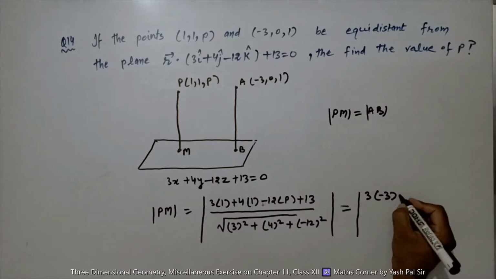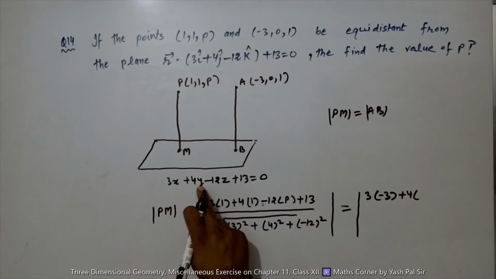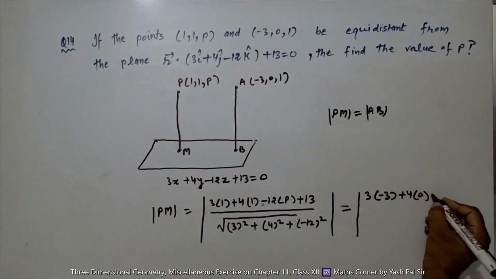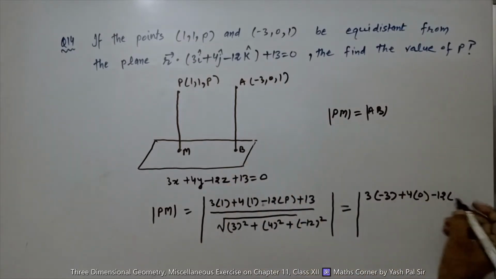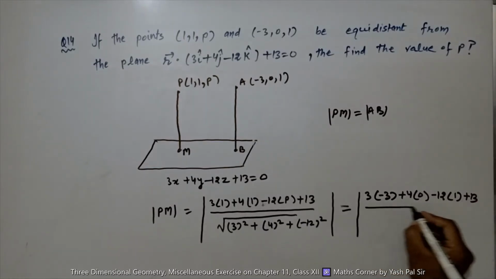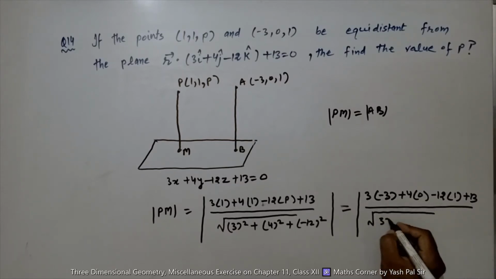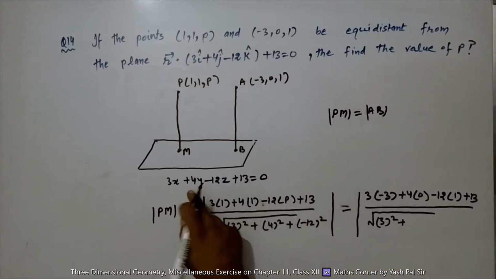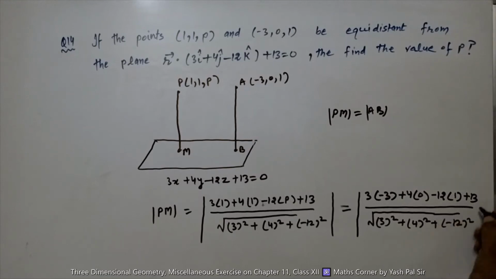This is given. So we write 3 into x is minus 3 plus 4 into y is 0 minus 12 into z is 1 plus 13, divided by coefficient of x is 3, its whole square, plus coefficient of y is 4, whole square, plus coefficient of z is minus 12, its whole square.